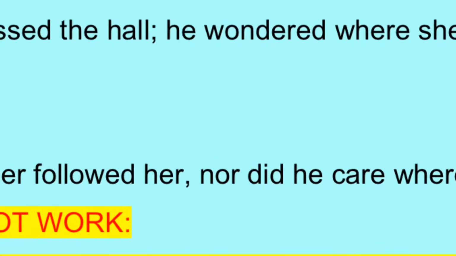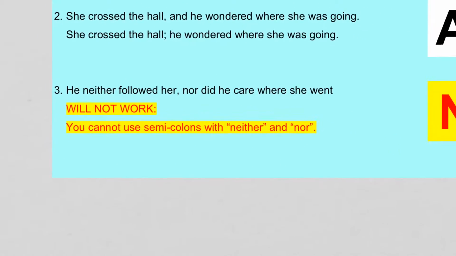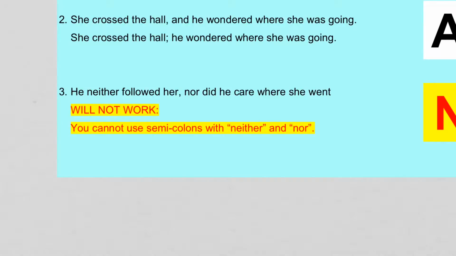It's sort of like two things are happening at the same time, and they're very much related, because at the same time as she's crossing the hall, he's wondering about that. So that's why in this case the semicolon works very well.